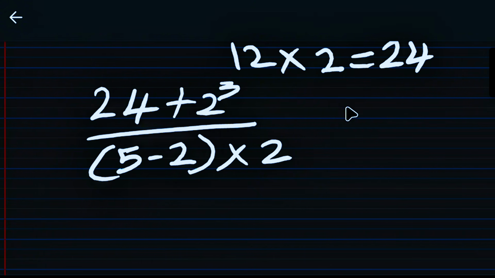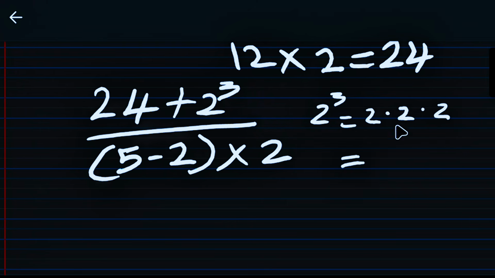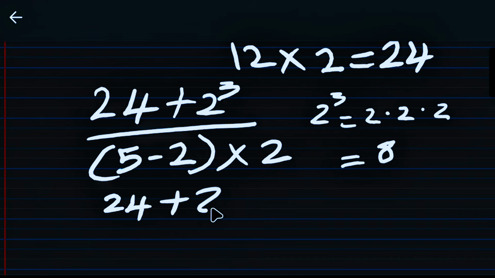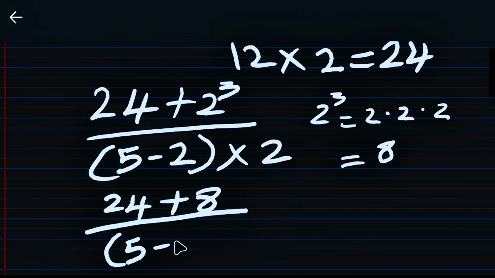So 2 cubed equals 2 multiplied by 2 multiplied by 2, which will give us 2 multiplied by 2 equals 4. 4 multiplied by 2 equals 8. So from here, our expression is 24 plus 8, then divide by, in parentheses, 5 minus 2.